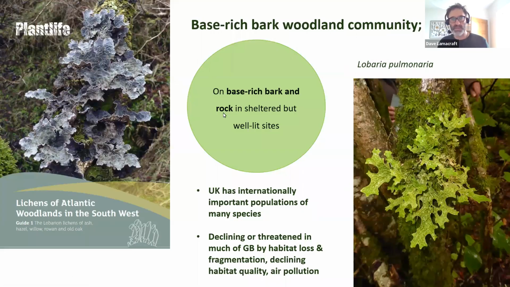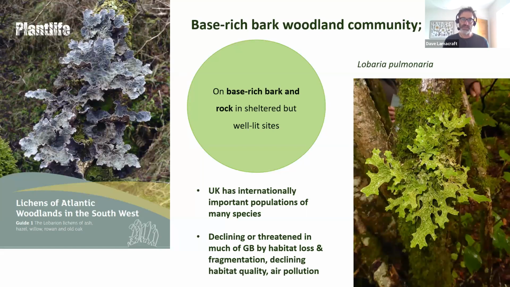And as I've mentioned a couple of times, there is also this community of lichens that like base-rich bark in the woodlands. This is one of our key rainforest communities, the Lobarion community, on base-rich bark, and also base-rich rock in sheltered, well-lit sites. So the UK is internationally important for many of the species that form this community.